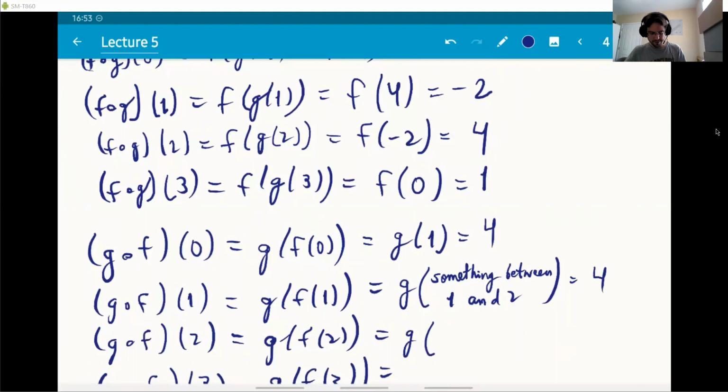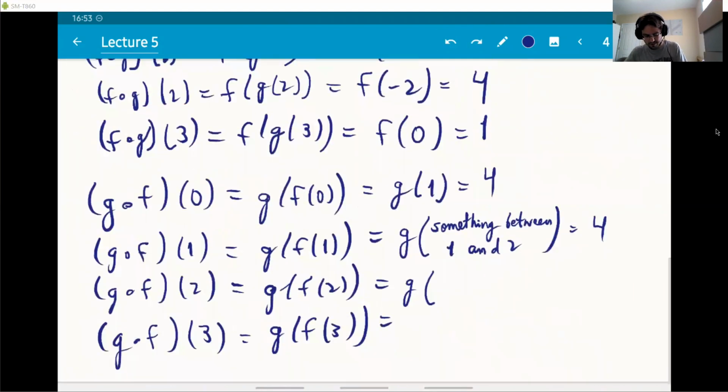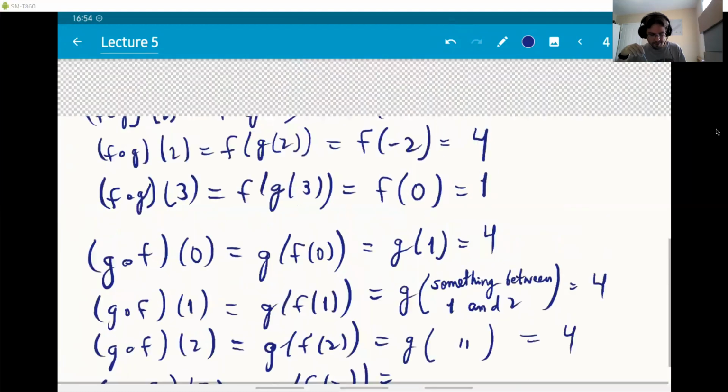Next one, f of 2. Basically the same thing will happen. What is f of 2? We don't know, but it's between 1 and 2. And what is g of anything between 1 and 2? It's 4. So we can write that this is g of, same thing here, something between 1 and 2, and that's a 4. And finally, last one, f of 3.